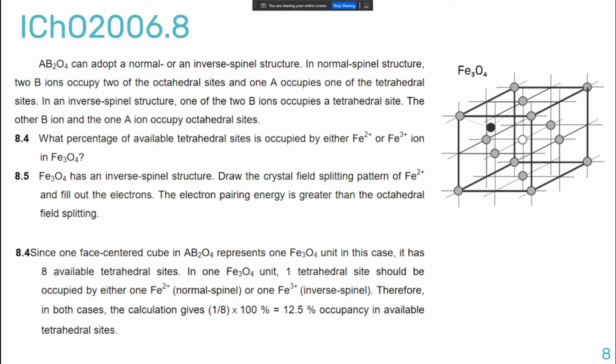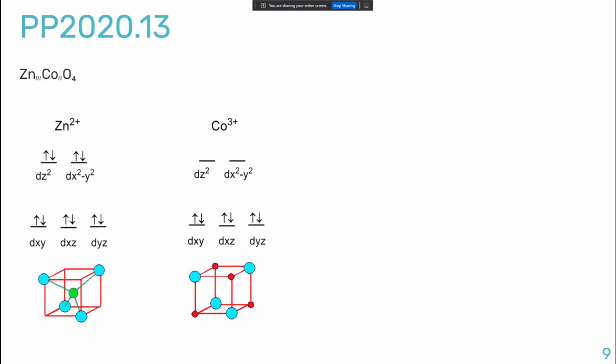Now you can read what is the official answer to the previous question, and now I'm going to skip to this diagram. And that is a usual diagram which may have many different names, but what it shows is the splitting of d orbital energy levels. And because we know that this material is magnetic, it actually implies that some of the electrons must be free, non-paired.